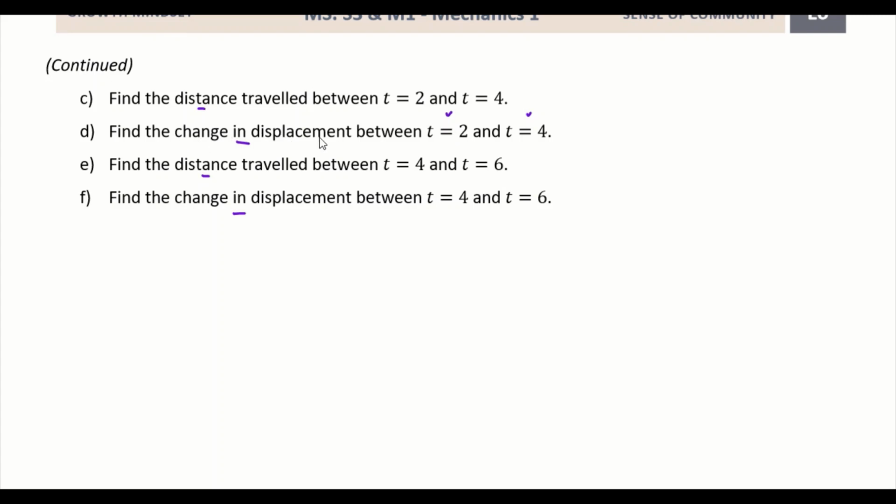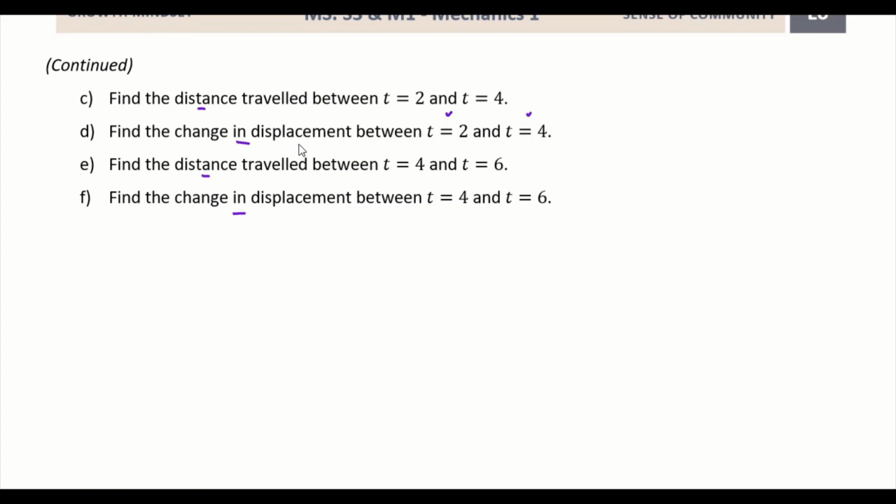But the problem is with the distance, because we need the total length that the particle travels. Between 2 and 4 we don't know whether there is a change of direction or not. So the distance might be greater than the change in displacement.